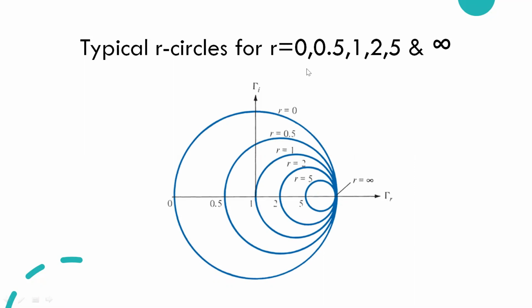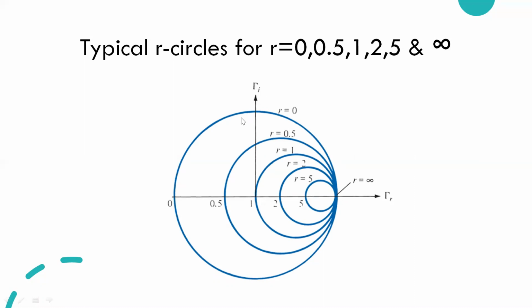So for 0, just now we have seen the center will be 0 comma 0. This is the origin point. The axes will be: the real part of the reflection coefficient gamma on the x-axis, and the imaginary part of the reflection coefficient on the y-axis.